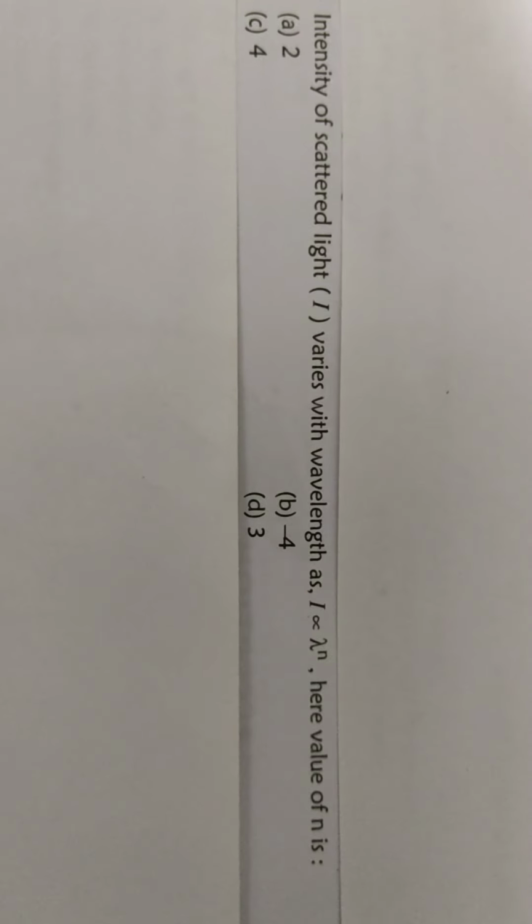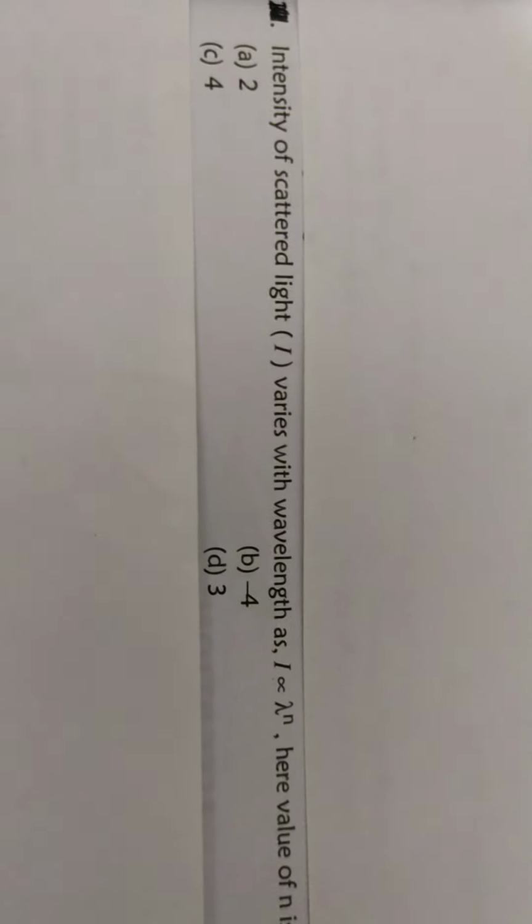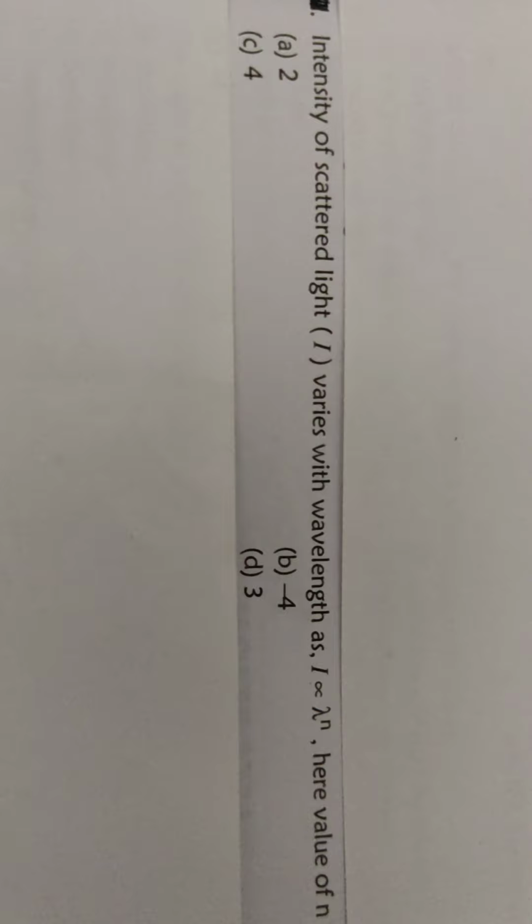Now the next MCQ is, intensity of scattered light, which is represented by I here, varies with wavelength as I is directly proportional to lambda raised to n. Then the value of n is, now you remember we have done Rayleigh's law of scattering before.